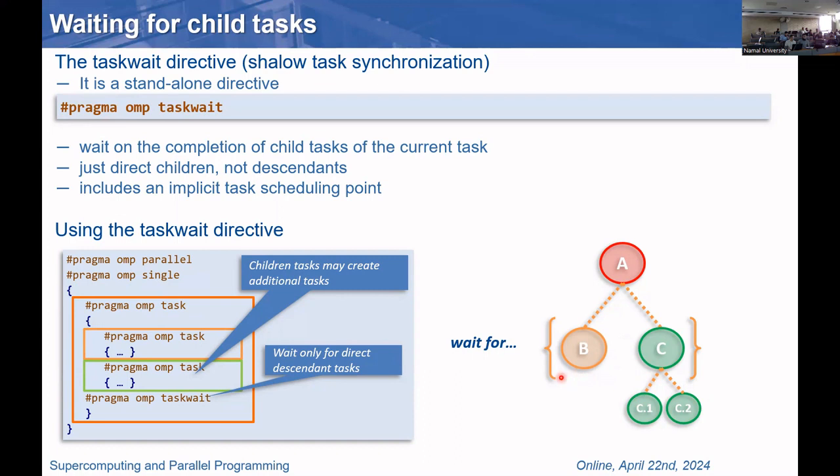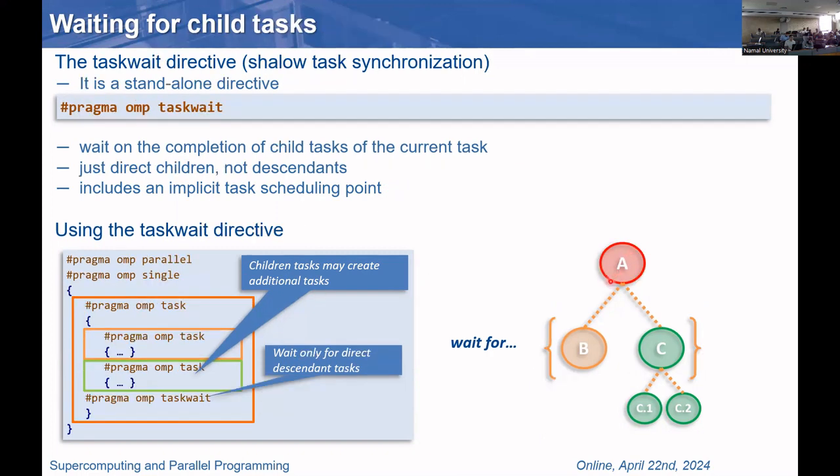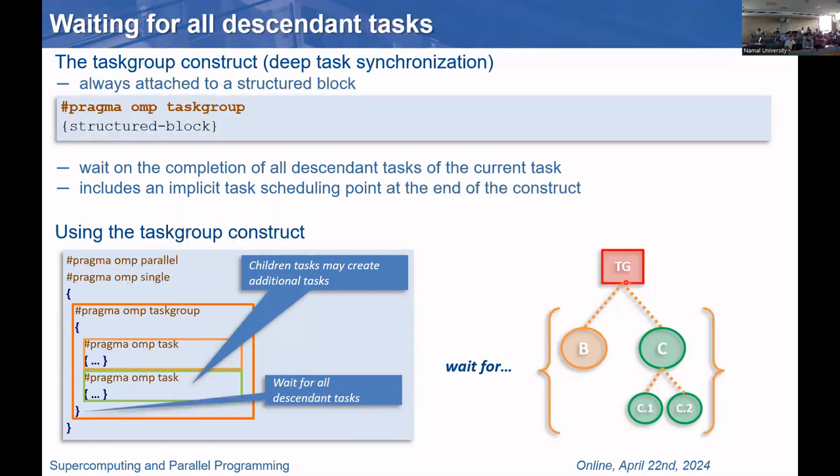So if your parallelism is complex and you don't want C to wait, what you can do is use a taskgroup. Here I replaced task A by a taskgroup. A taskgroup is not a task. This is why this is round: the tasks are round, but the taskgroup is like regular code.